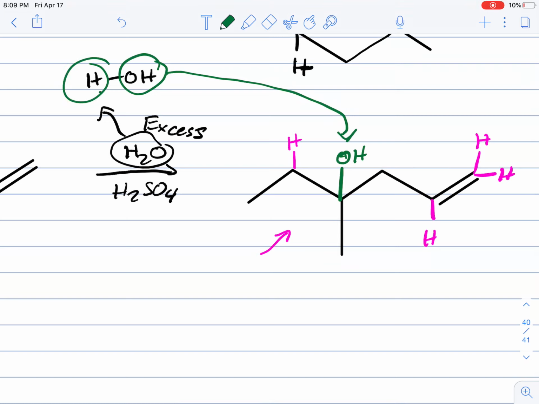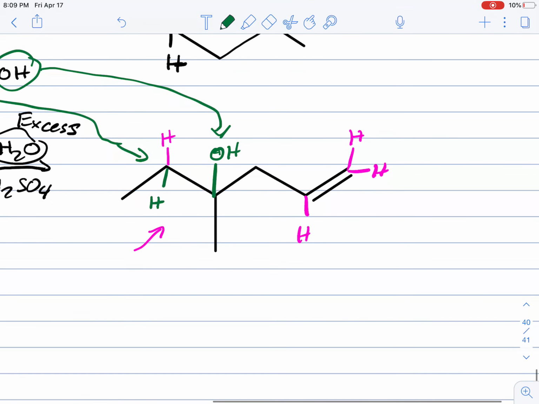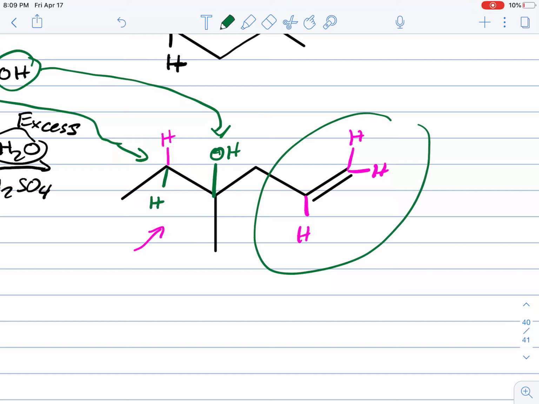And so this hydrogen is going to go to the side that has more hydrogens. And so I'm going to draw it like this. If you guys are looking at this structure, I have two hydrogens on the right hand side.